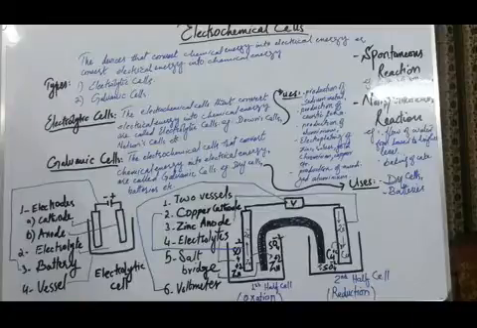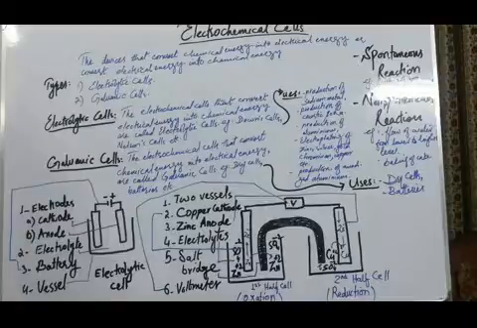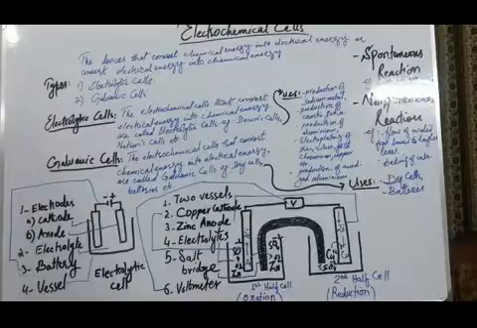The oxidation of the zinc results in the formation of zinc ions with the liberation of electrons, which pass through the voltmeter and then reach the second half cell, where the copper is reduced.